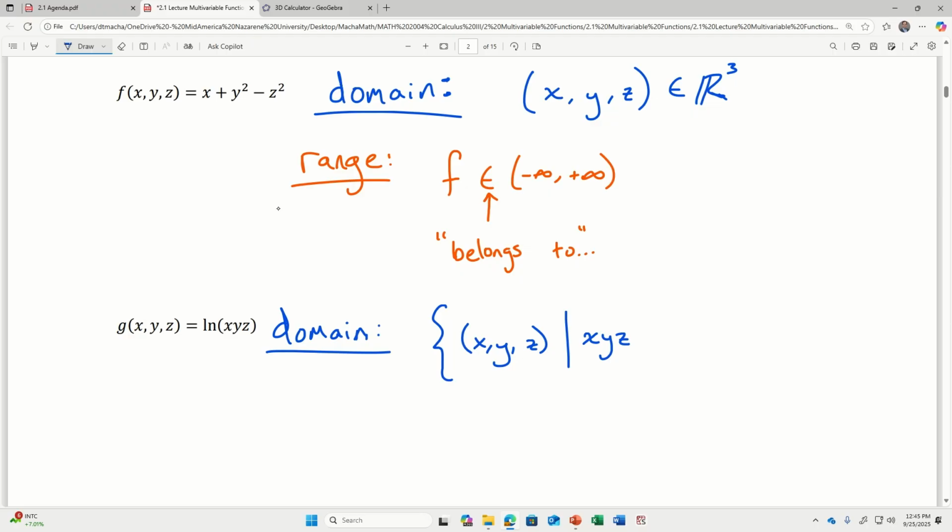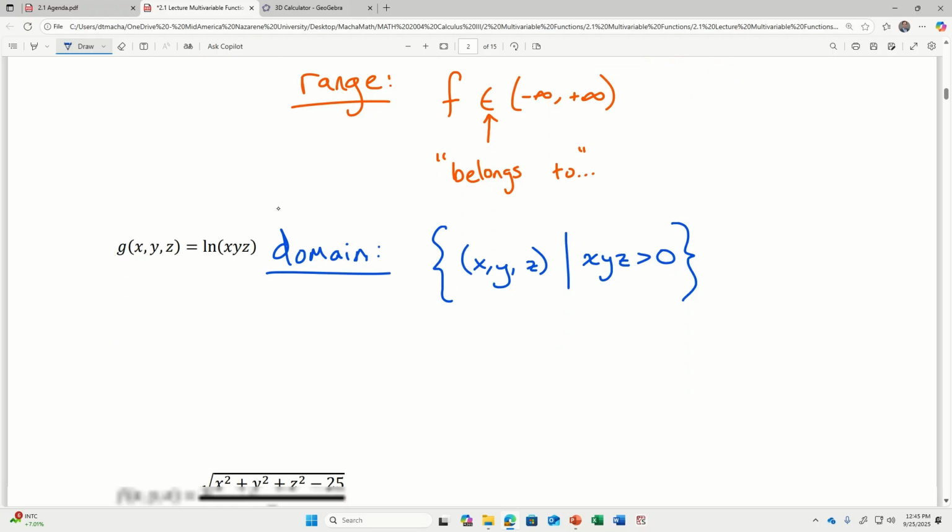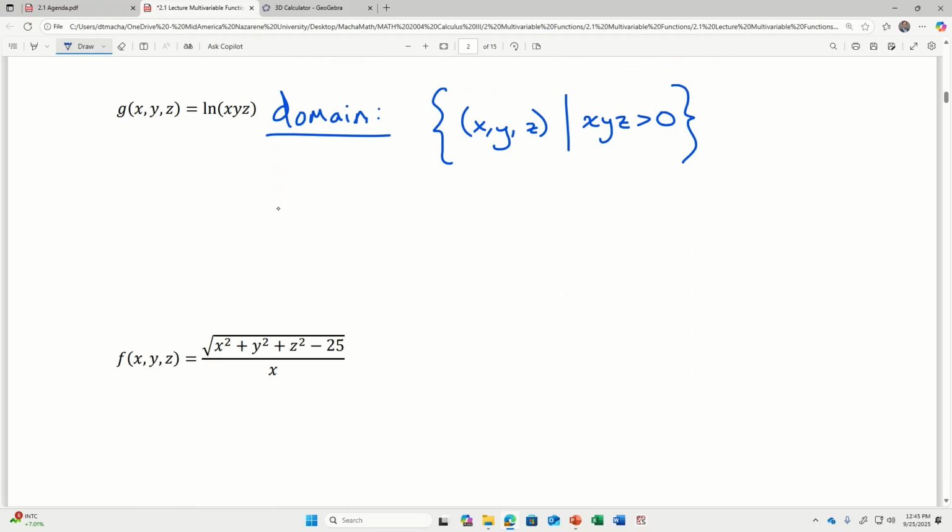The deal with natural log is that the argument has to be a positive real number. So X times Y times Z has to be greater than 0. What is the range of this function? All real numbers. It's, again, all real numbers.